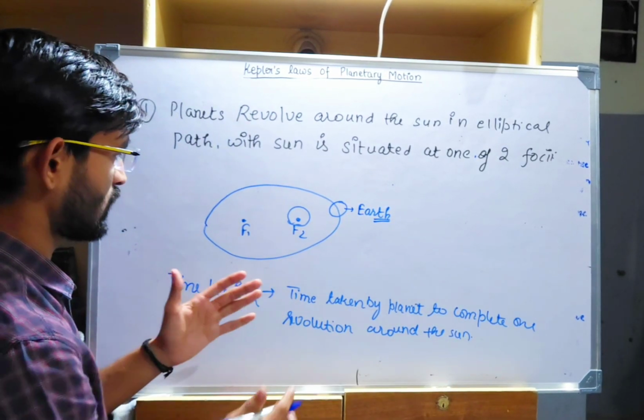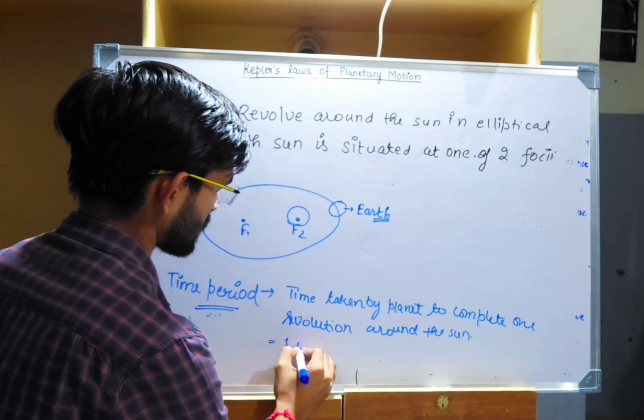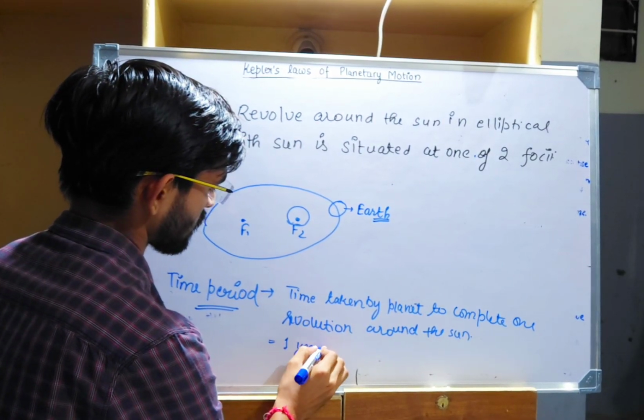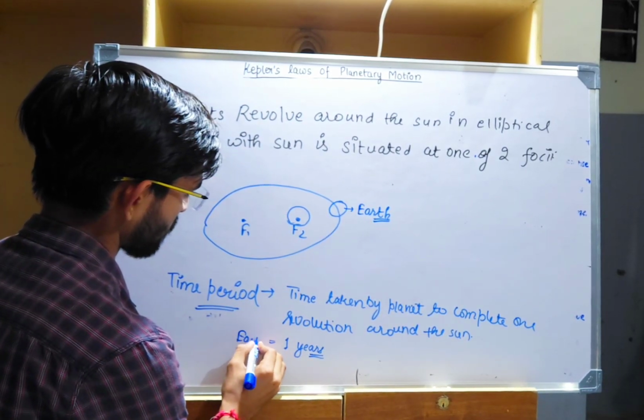For Earth, this time period is 1 year. As you know, Earth completes one revolution around the sun in 1 year.